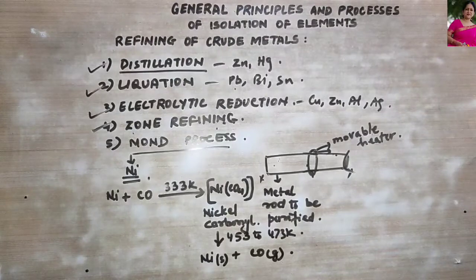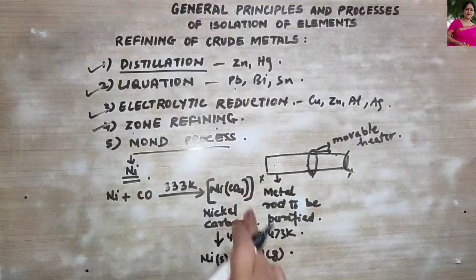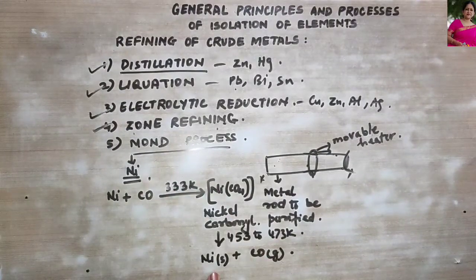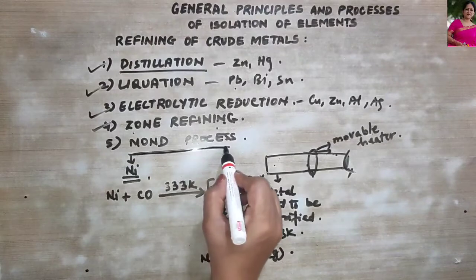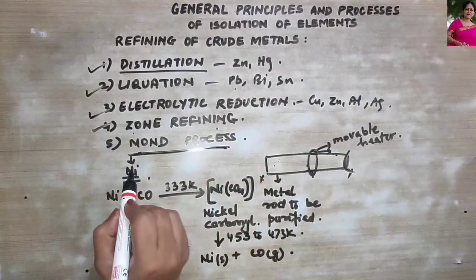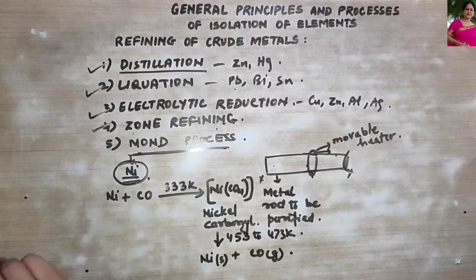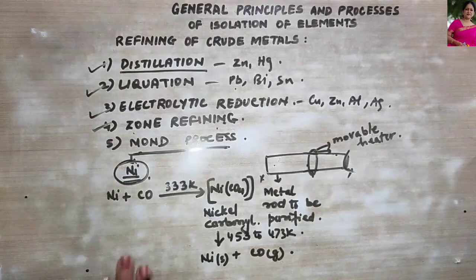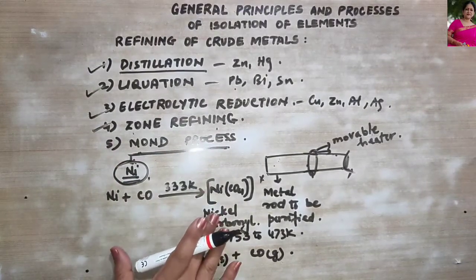This carbon monoxide gas can be recycled again with the nickel to obtain the nickel carbonyl, and from there we can obtain the nickel at the particular temperatures. So this process is called what? The Mond process, and preferably this Mond process is for refining of nickel. So these were certain methods for refining of your crude metals. I hope this much is very clear.